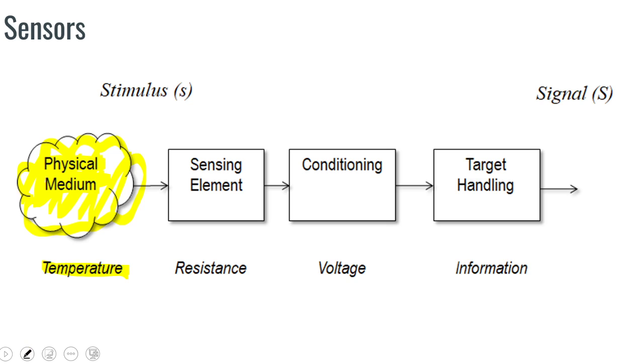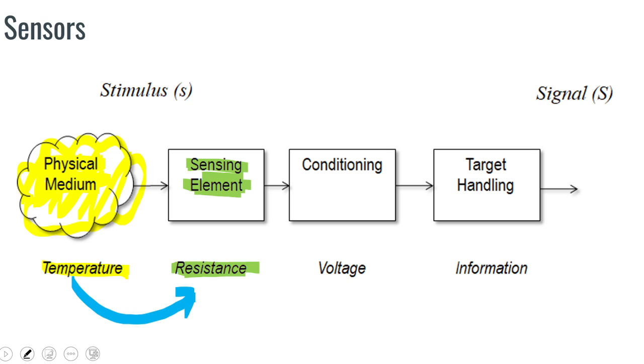Then we would use something that is called a sensing element. The sensing element is the basic component that is going to sense the signal. That is the main sensing part. An example here would be a resistance based sensor. A change in temperature would result in a change in resistance of the sensing element.